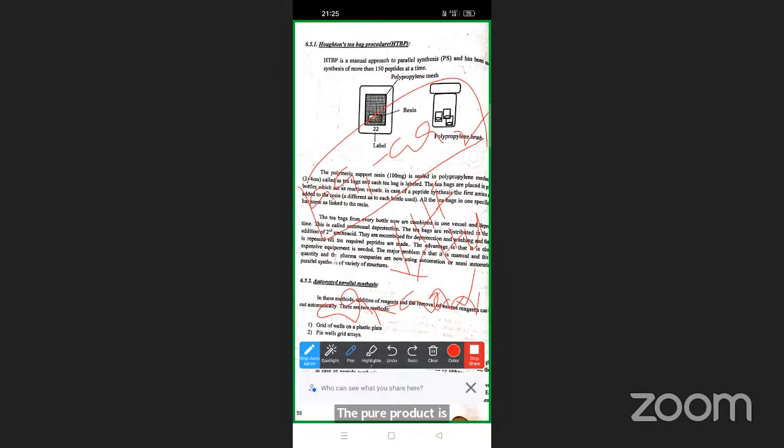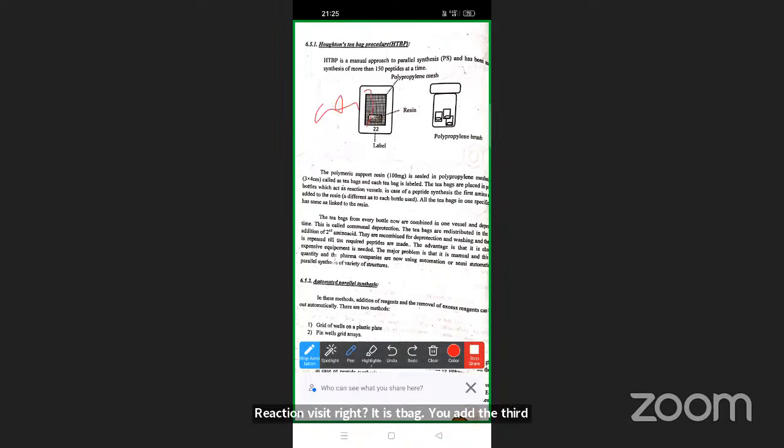Or if you want to continue further peptide synthesis here, then you add another amino acid in each reaction vessel. In each tea bag, you add the third amino acid, AA3. Like that, you go on adding the different amino acids until you get your required product.